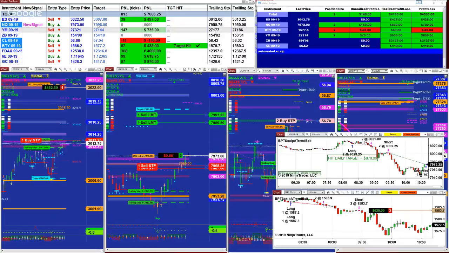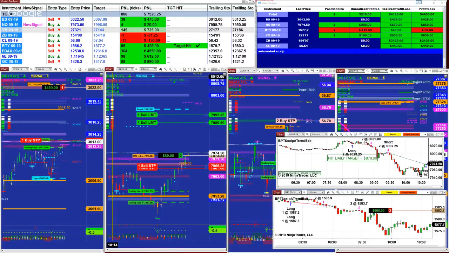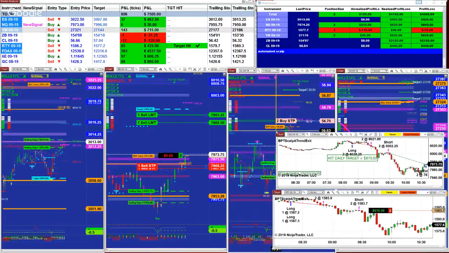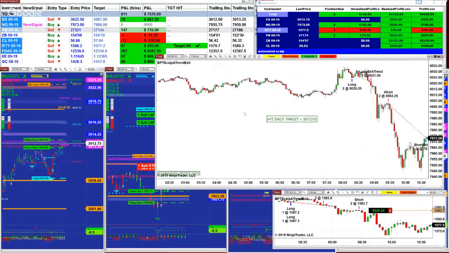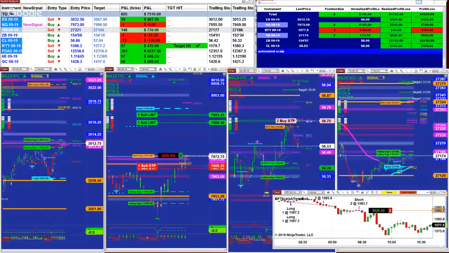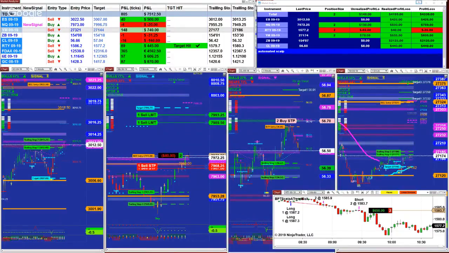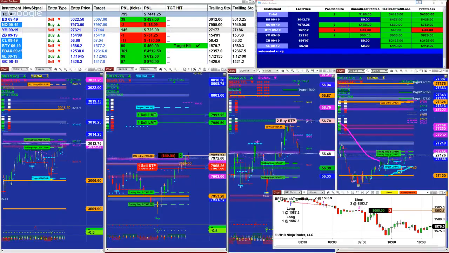And we're about to have a new signal on the ES. This one closed NASDAQ 870. And we still have the Russell. We need to see the ES give us a long signal to help us with the NASDAQ.